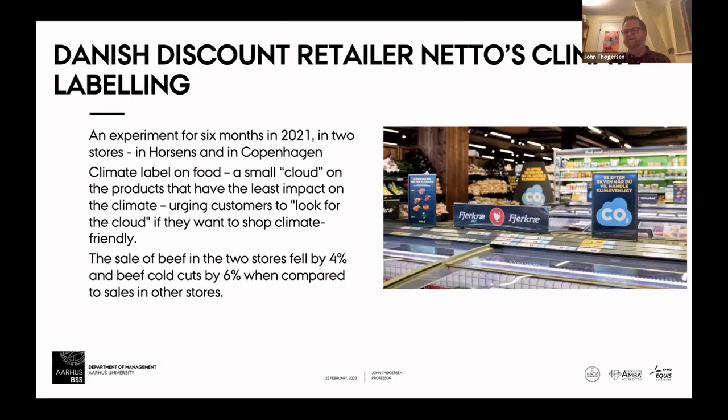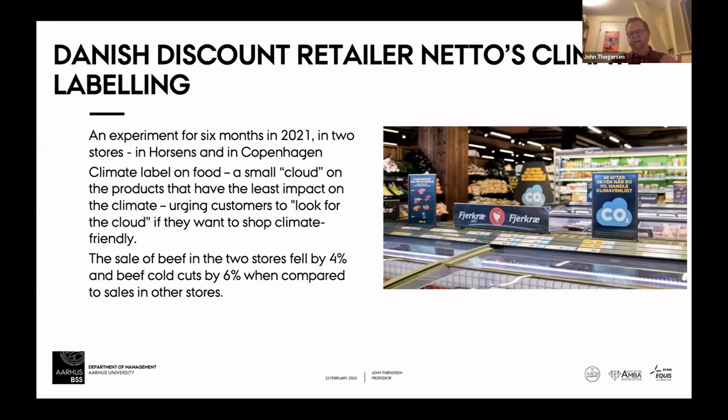And you can see a picture from the trial store to the right on the slide. The carbon label that they used was within-category labeling, using that blue cloud that you can see with CO2 in the middle, pointing at the best carbon choice within product categories.